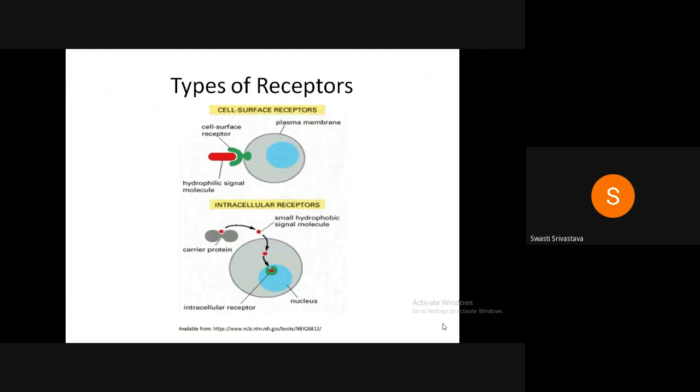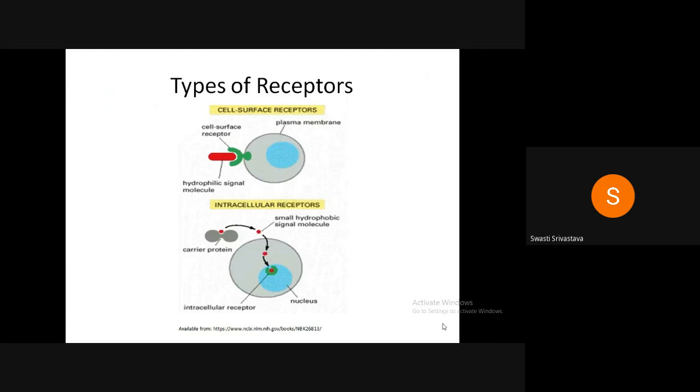So there needs to be a receptor on the surface of the cell, on the plasma membrane, where the signal molecule can attach, and from there it will be passed on to the interior of the cell. So these molecules have receptors on the cell surface, and thus the name cell surface receptors.